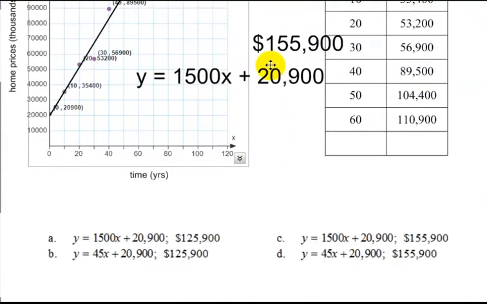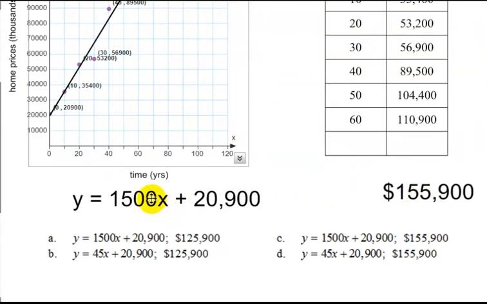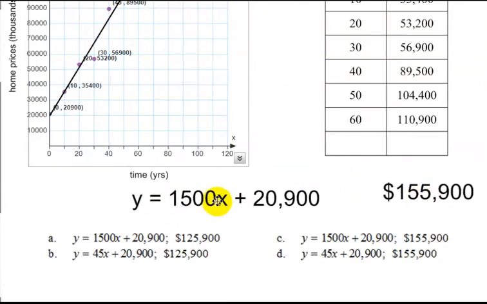There we go. So when first I calculated the slope, the first thing we knew for sure was the y-intercept, 20,900. And you notice that all four of those had 20,900. So that would have been no help to help us get our answer.